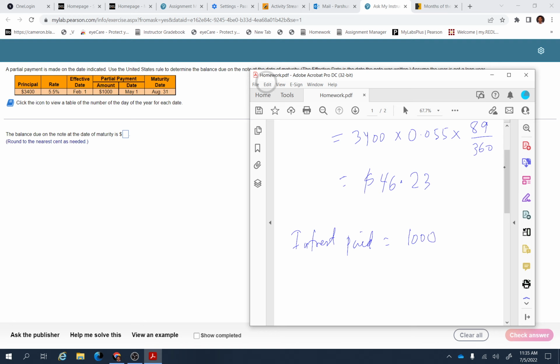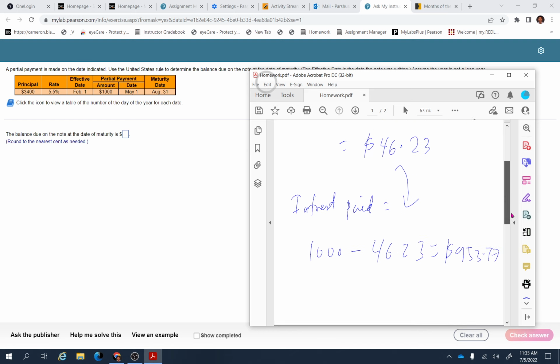After the interest payment, the leftover is 1000 minus 46.23. So that difference goes to the principal. So 1000 minus that amount is 953.77. So that's the amount that goes towards principal.